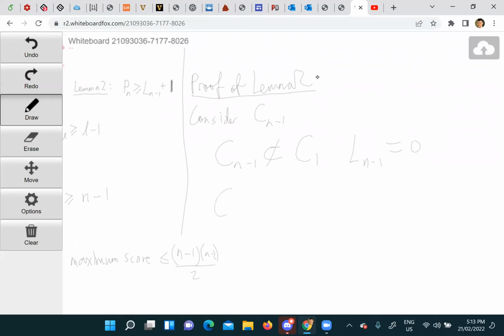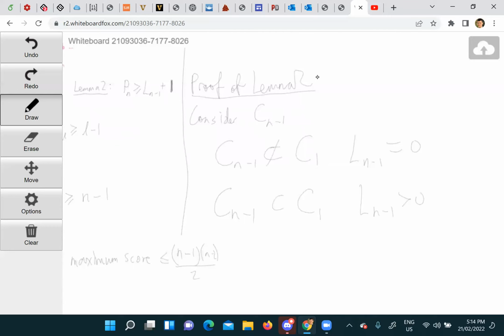Okay, otherwise Cn minus 1 is contained in C1 and Ln minus 1 is greater than 0. It's so obvious. I guess that's the goal, to make it really obvious.